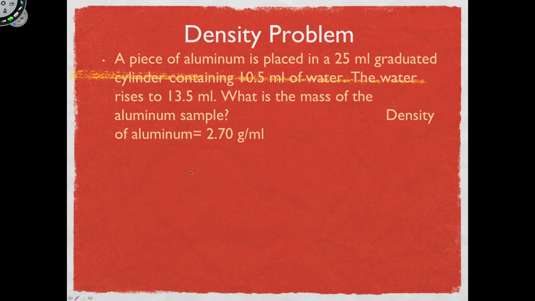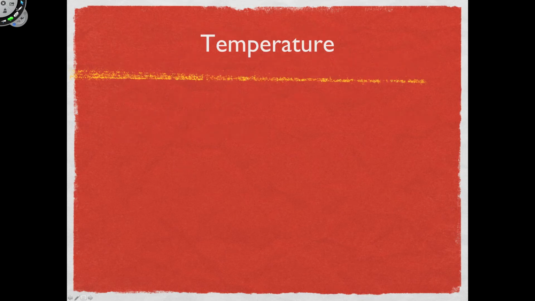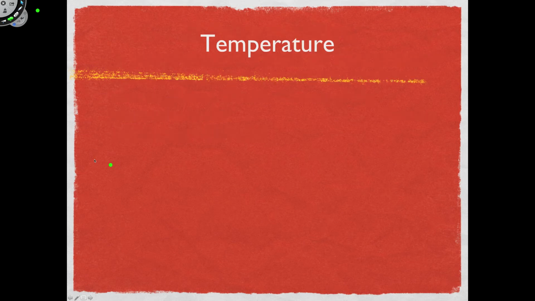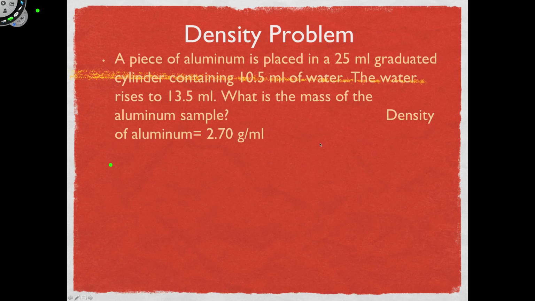So let's say we're doing a problem and we are given a piece of aluminum and we put it in a 25 milliliter graduated cylinder and it contains 10.5 mils of water. So one of our volumes is 10.5. So how are we going to solve for it?